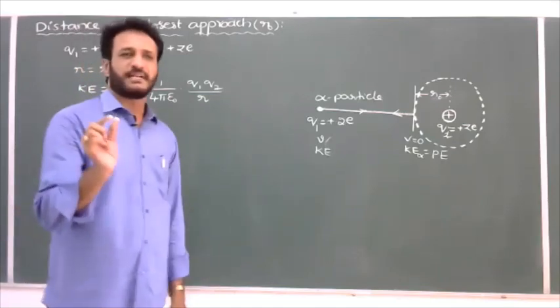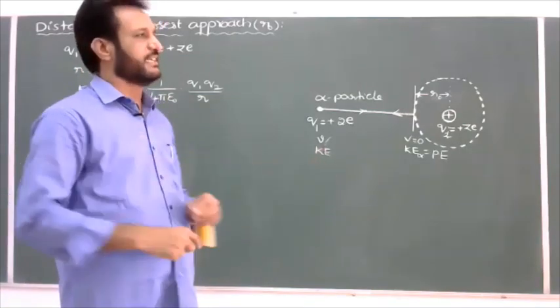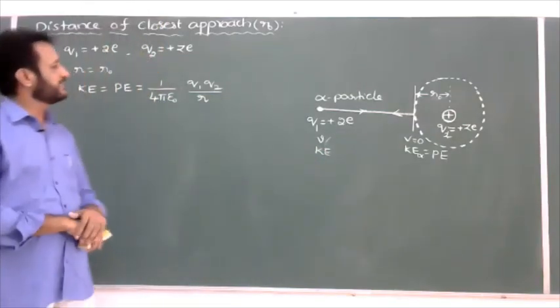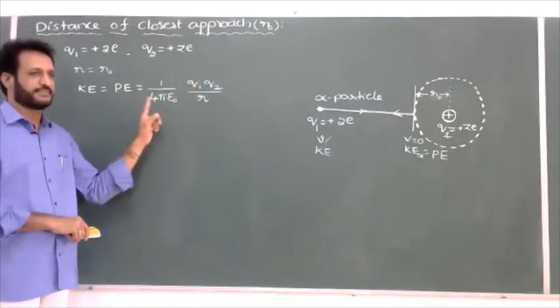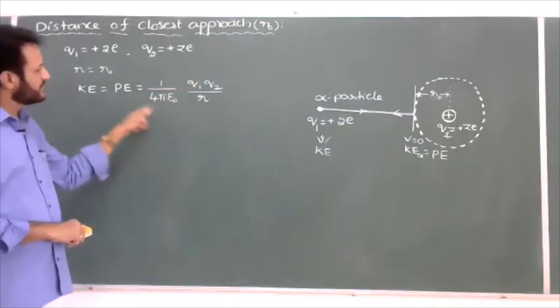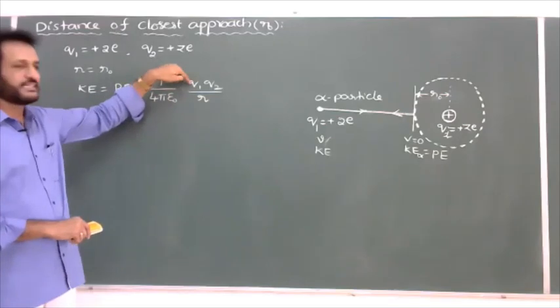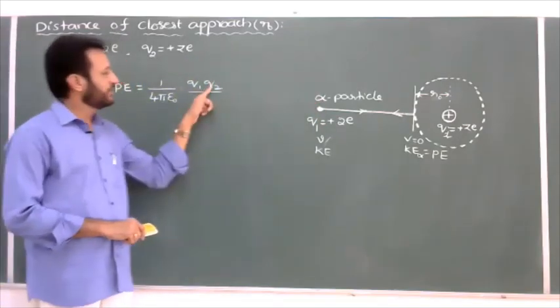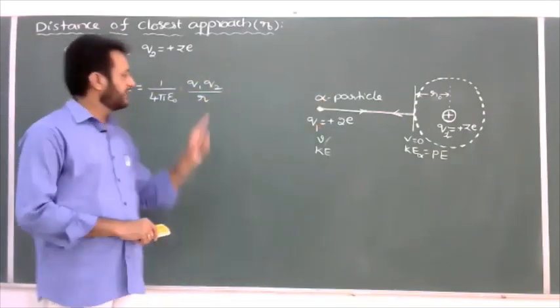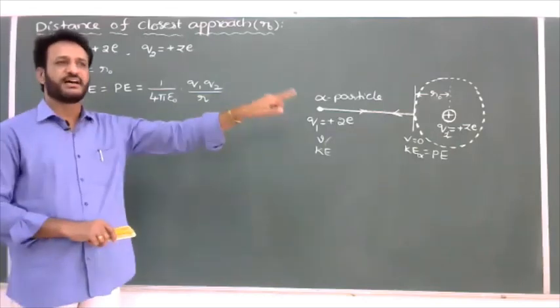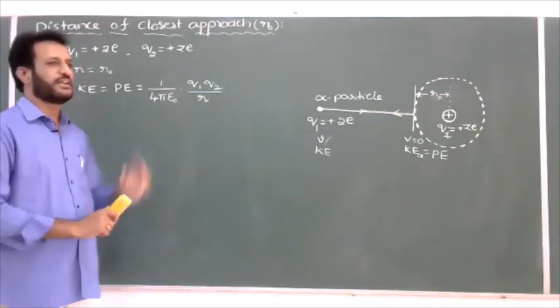Whenever two charged particles are separated by some distance, this is the formula for the electrostatic potential energy between them. 1 by 4 pi epsilon naught is a constant, Q1 is the charge of the alpha particle, Q2 is the charge of the nucleus, and R is the distance between the nucleus center and the alpha particle.